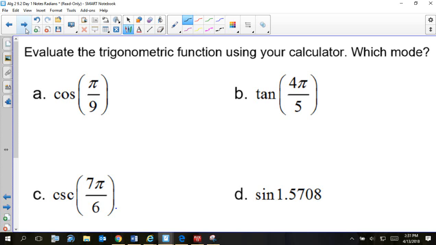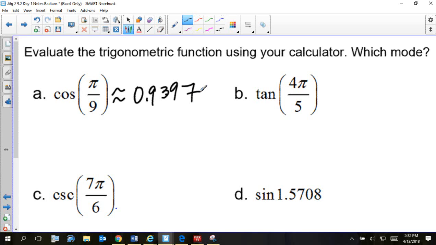Pretty cool. Okay, let's see if you got the correct answer to 4 decimals. I know you all just typed it in, but do it quickly. You should get 0.9397.